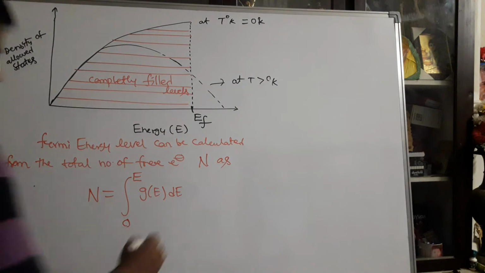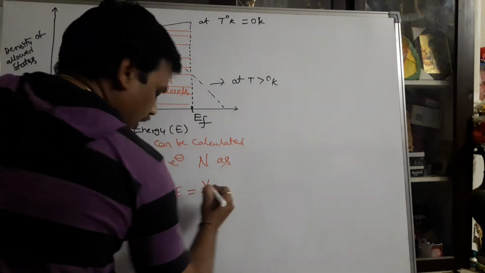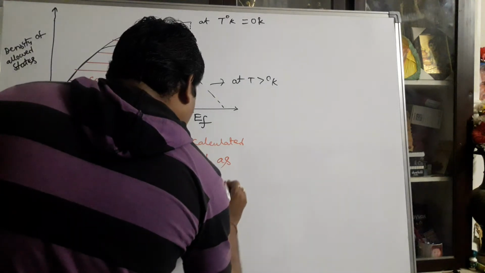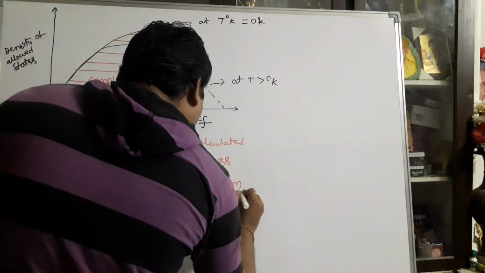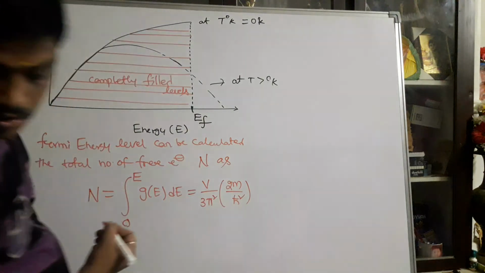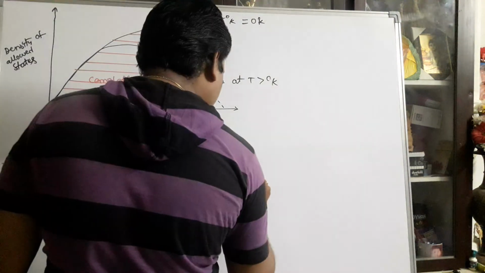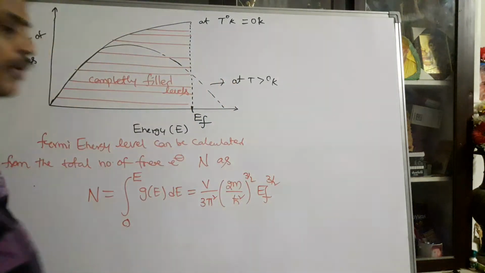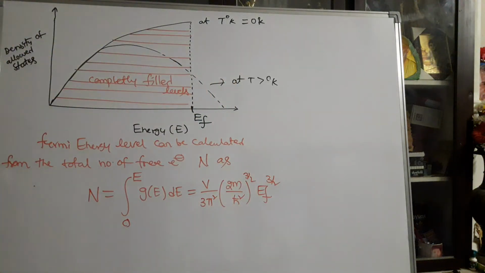You get the result V by 3 pi square into 2m by h cut square whole power 3 by 2 into Fermi energy level E power 3 by 2.